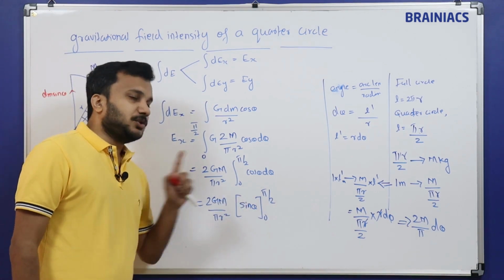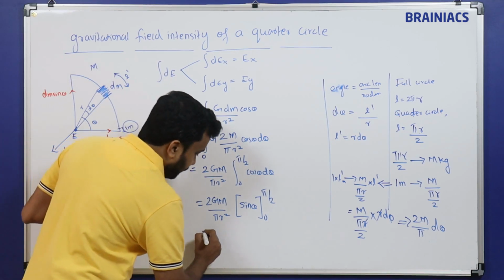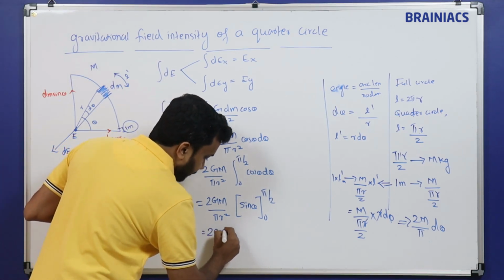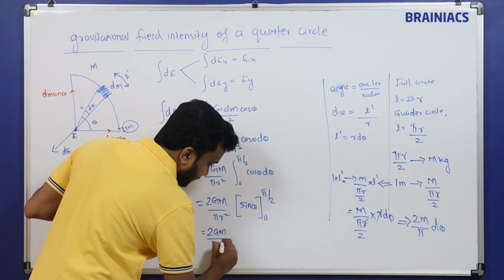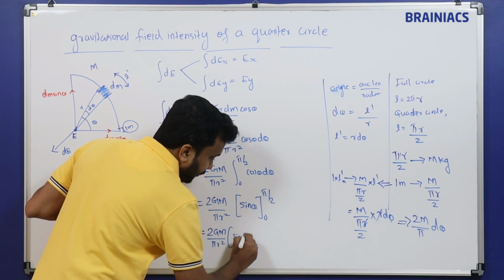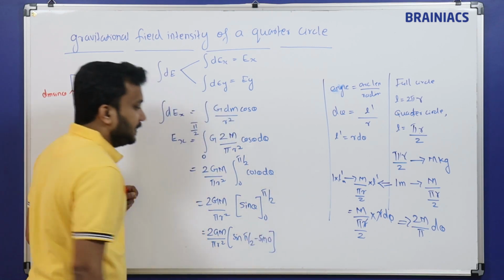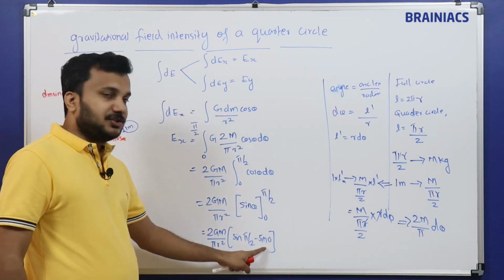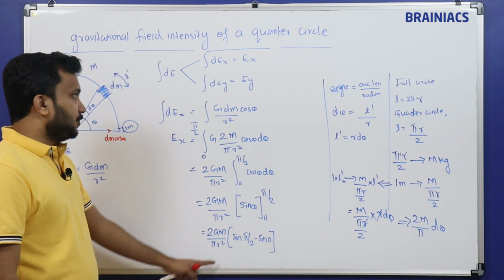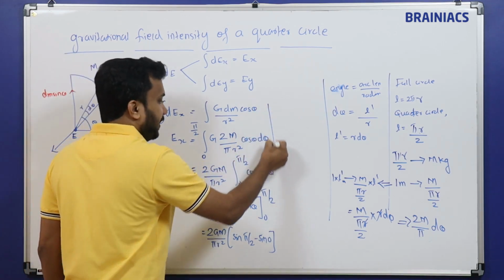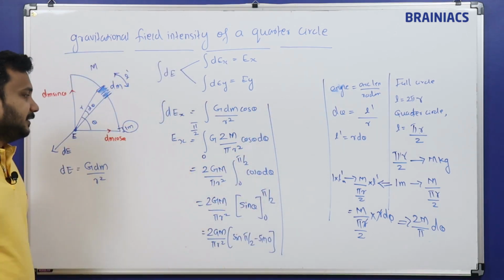What do we get? 2gm divided by pi r square into sin of pi by 2 minus sin of 0. Sin pi by 2 is 1, and sin 0 is 0.